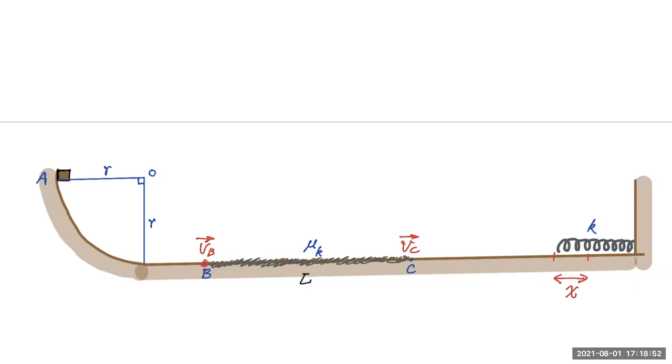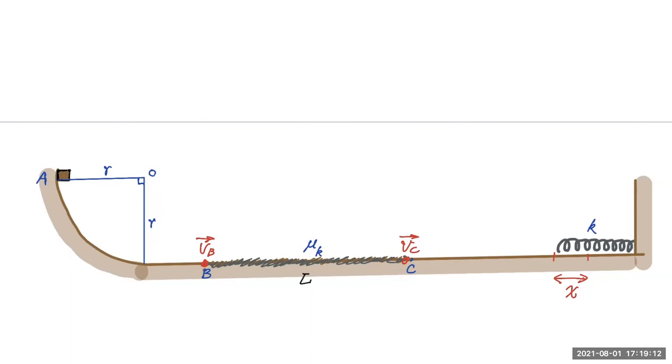Between these two points, there is a stretch of the horizontal table that has friction. The length is L, and the coefficient of kinetic friction is mu K. Then it keeps on going afterwards frictionlessly, and it starts to compress the spring. It compresses the spring by an amount X.